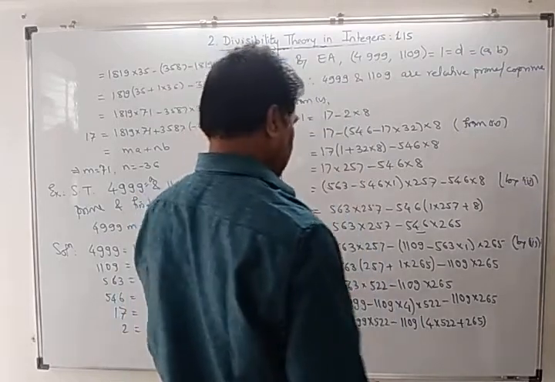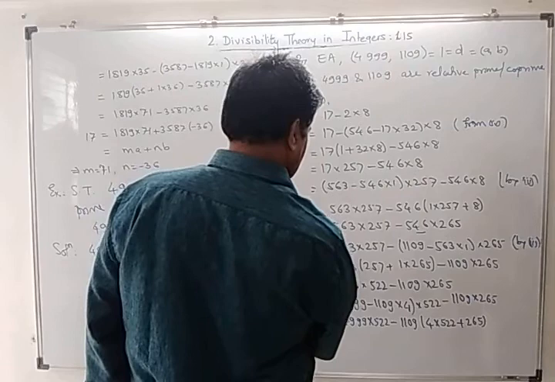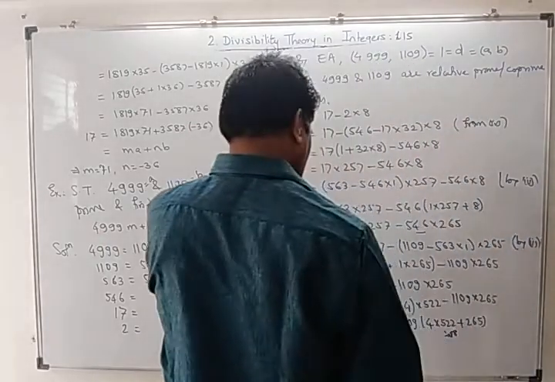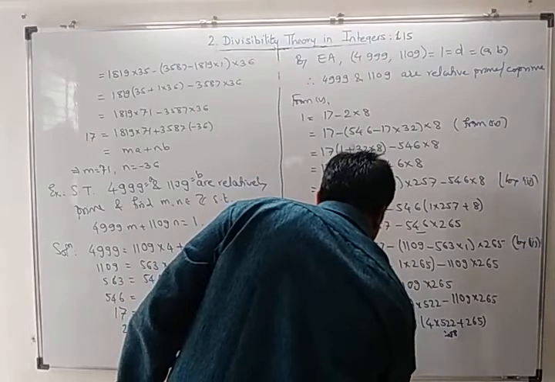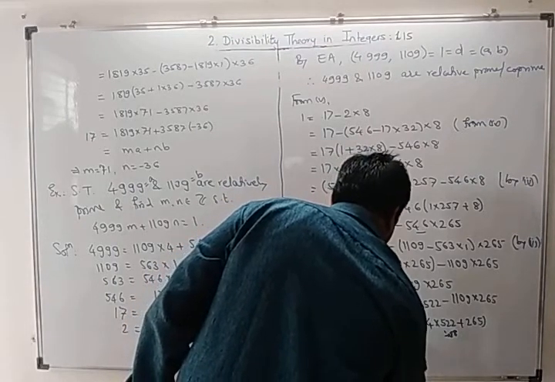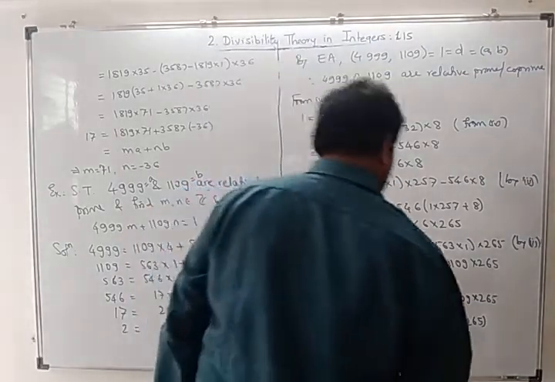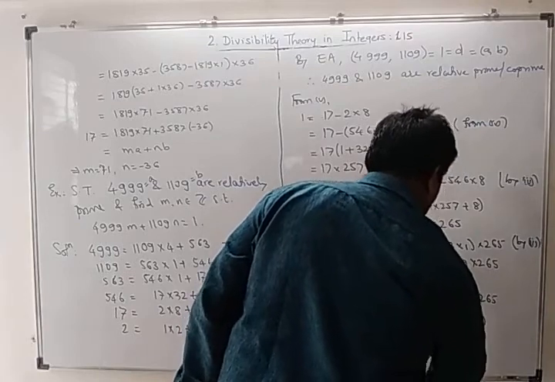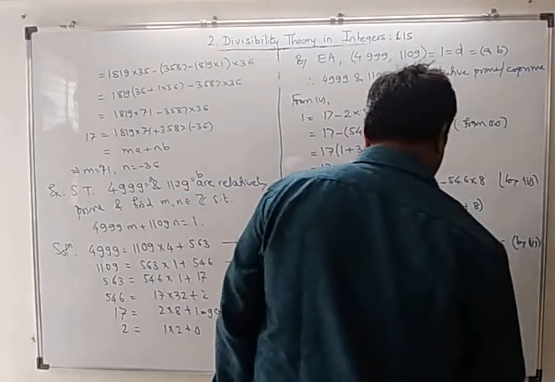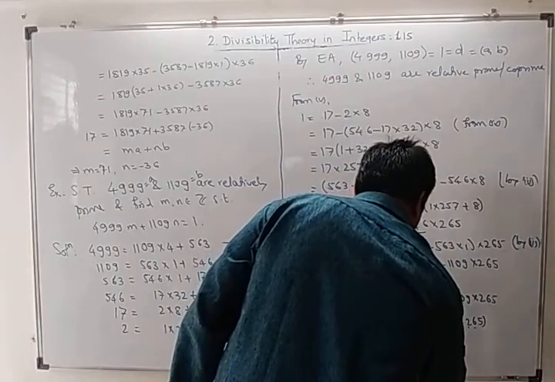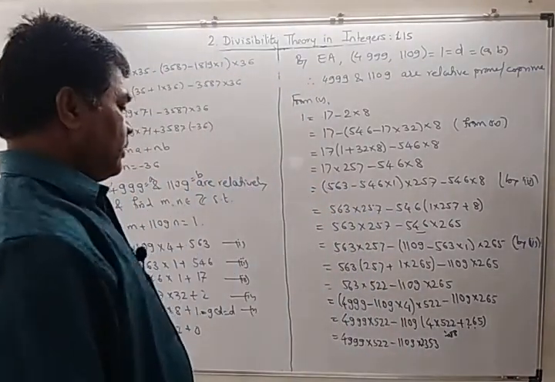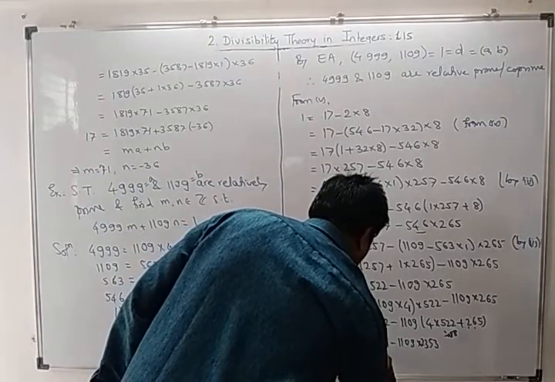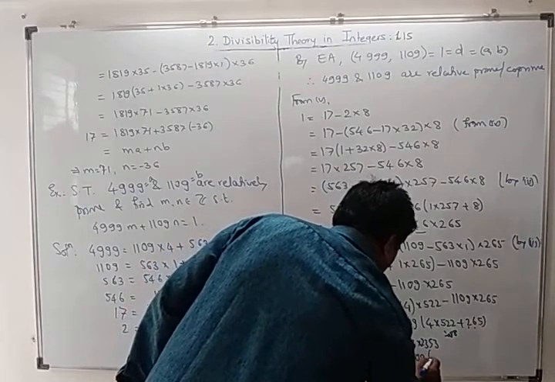So we will get 4 into 522 plus 265, which is 2353. So we will get 4999 into 522 minus 1109 into 2353, which is nothing but 4999 into 522 plus 1109 into minus 2353.